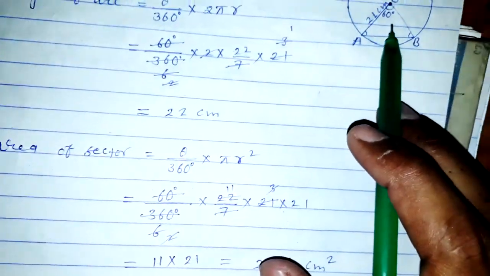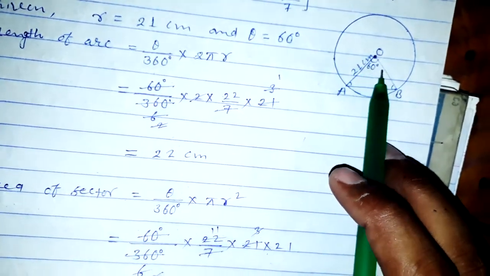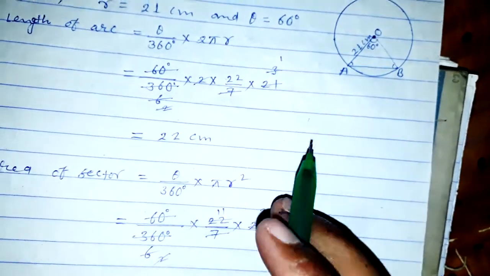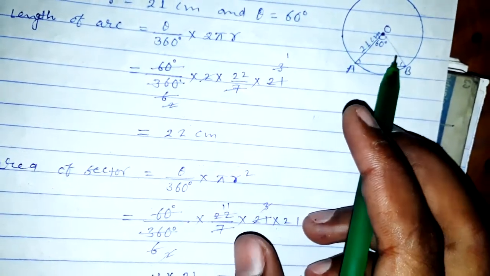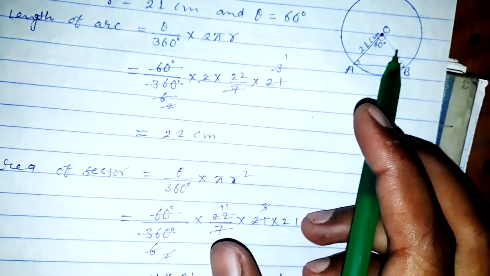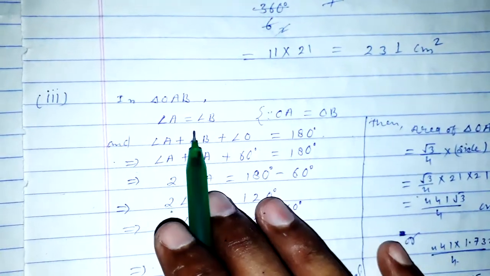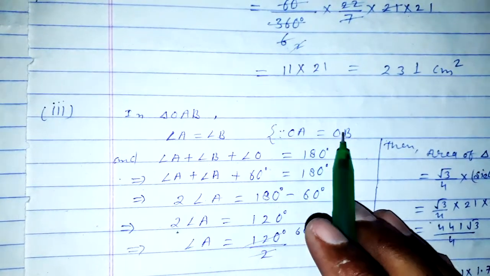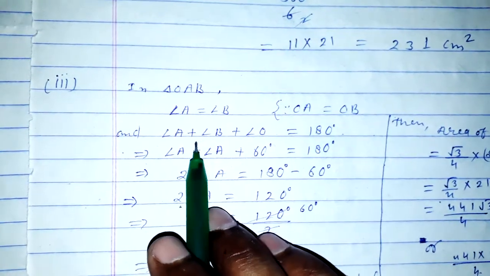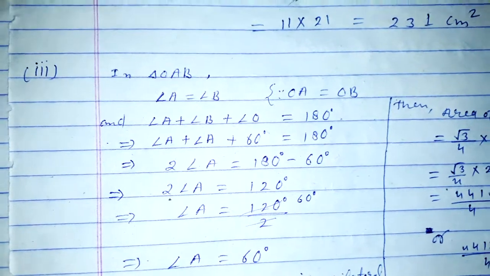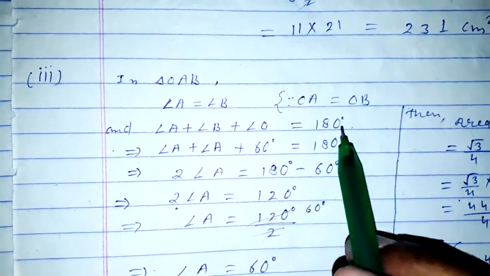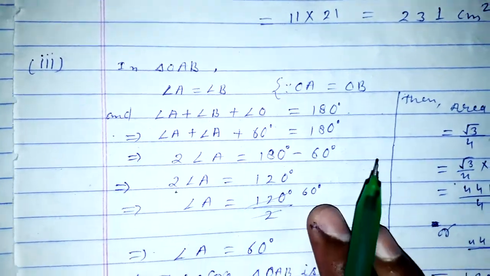In this triangle, this angle is 60 degree and this side is also equal because this is the radius of the same circle. So using this triangle, angle A is equal to angle B because OA is equal to OB, and the sum of all interior angles of a triangle is 180 degree. So use this statement here.